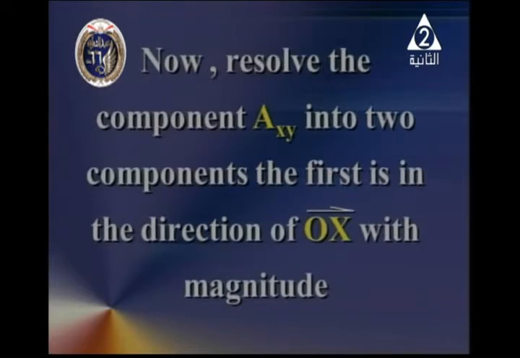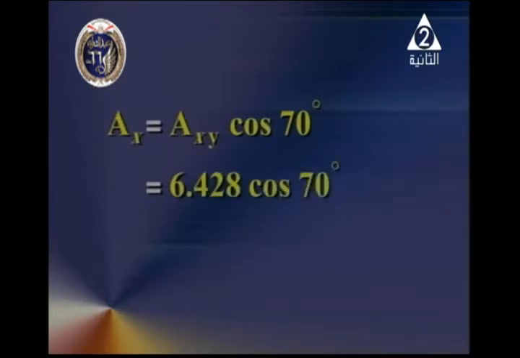Then resolve the component AXY into two components. The first on OX with magnitude AXY cosine 70 equals 6.428 cosine 70, answer is 2.2.